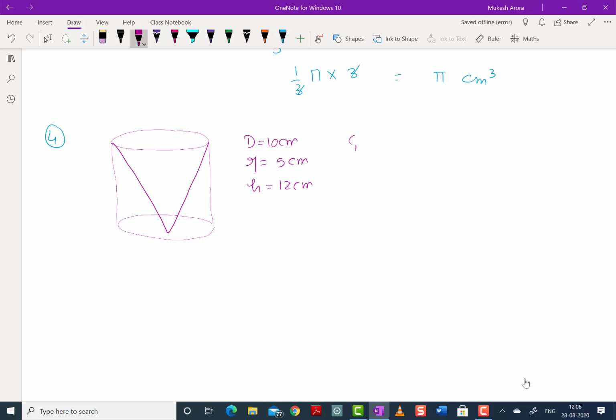Find the volume of remaining solid. From cylinder, conical cavity is cut out.